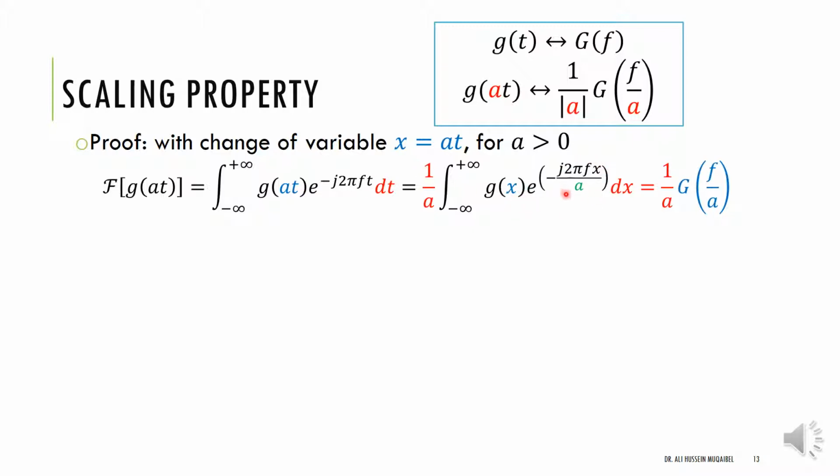And you can see all that changes is, if you compare this with the Fourier transform of g of t, you'll find the only difference is that we have scaled f by a, and we have another scaling outside. We did this for the positive, we can repeat it for the negative, and then we can combine the two definitions with an absolute value. So whether a is positive or negative, this is always valid.